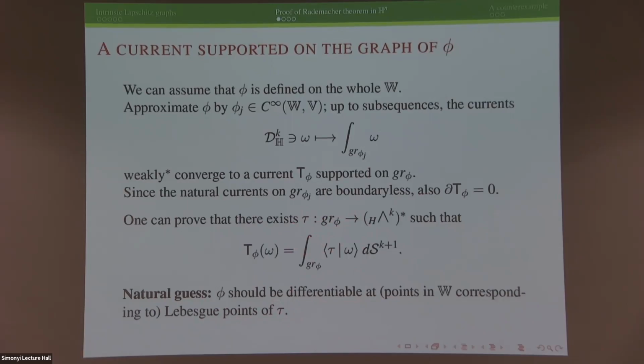Okay, so this is our guess. When we are at a point where tau is roughly constant, then our graph is roughly flat. And actually, it's close to some plane which will be associated with this almost constant tau.